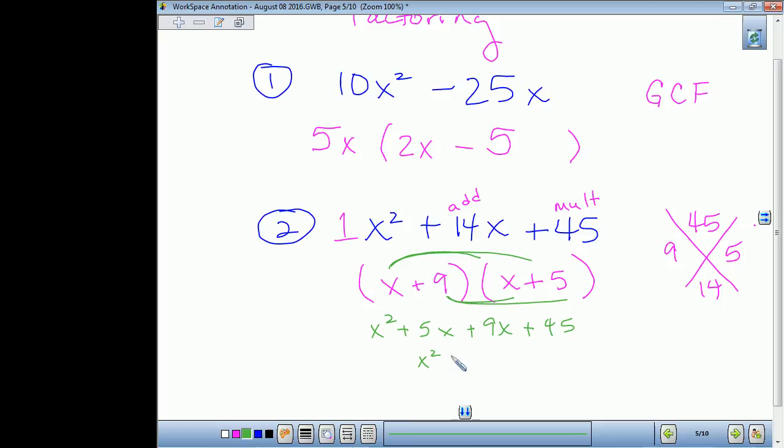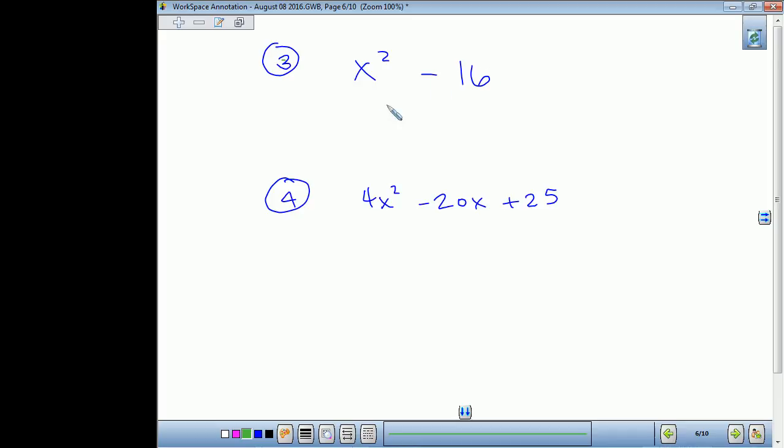So this is x squared plus 14x plus 45. Did we get what we started with? Yes, we did. So that was our check step. Okay, any questions on GCF or factoring a trinomial with a leading coefficient of 1?